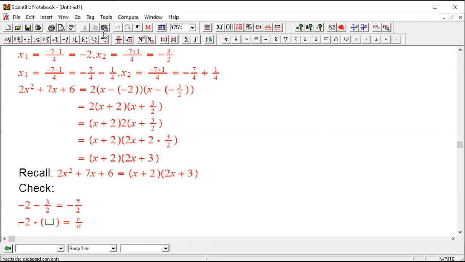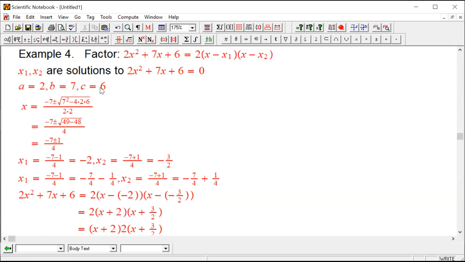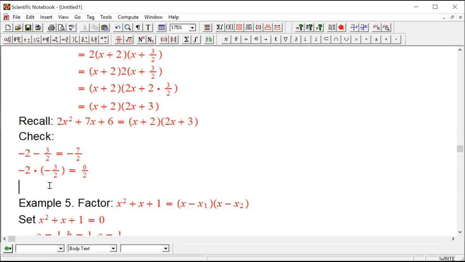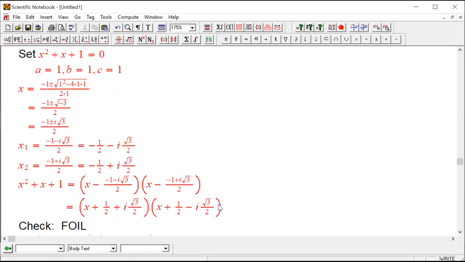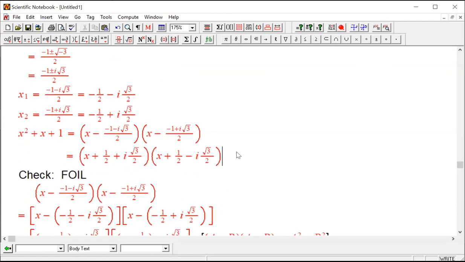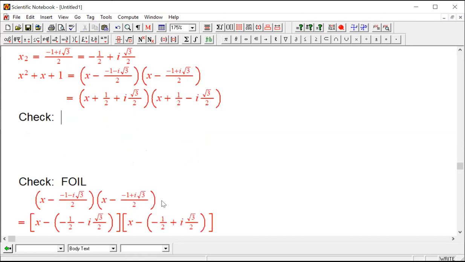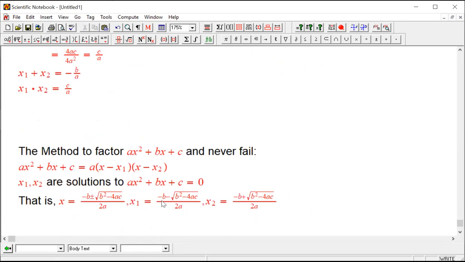So when we multiply these two numbers, it equals c over a. C is 6, A is 2. It's true again. Last but not least, in this case, x1 plus x2, where did I have that?